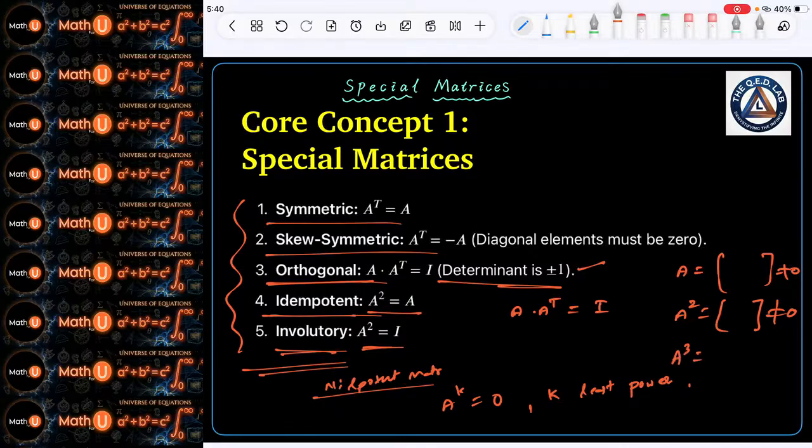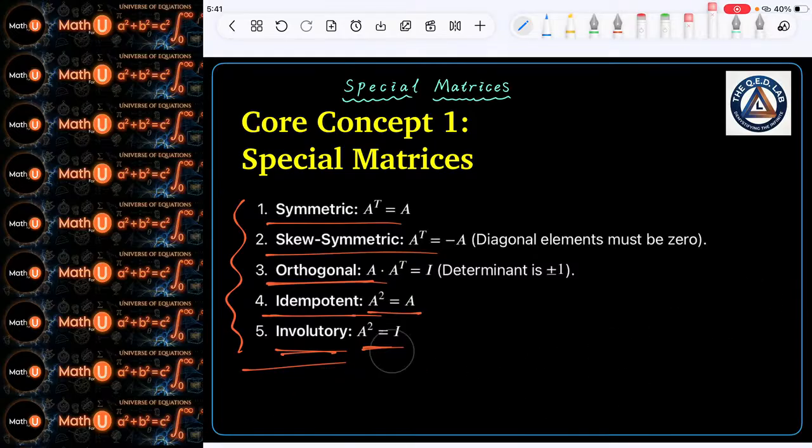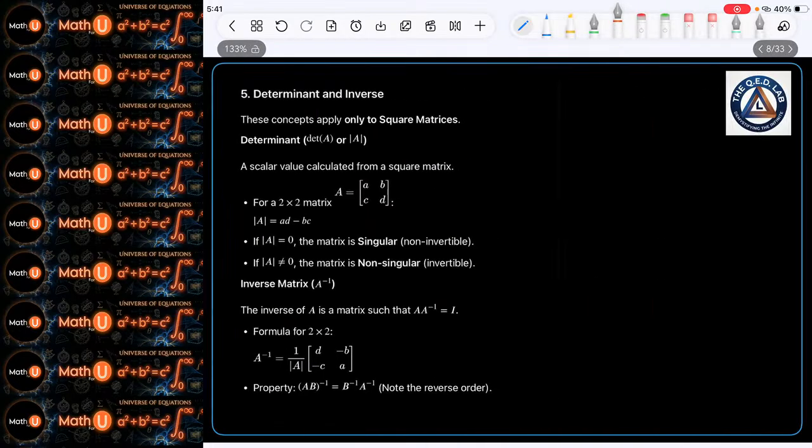If you take A cube, then you get the 0 matrix here. Then A is called nilpotent. You should remember this.